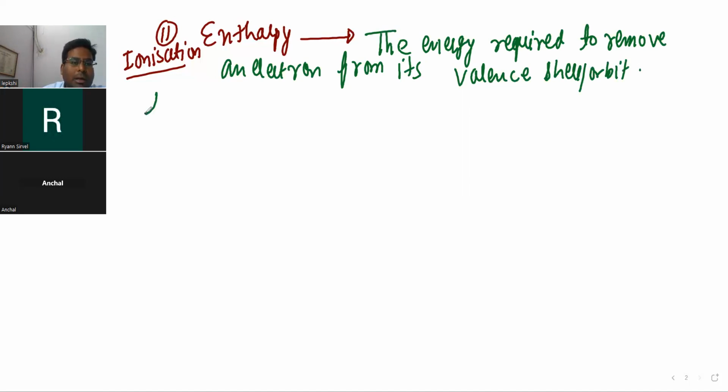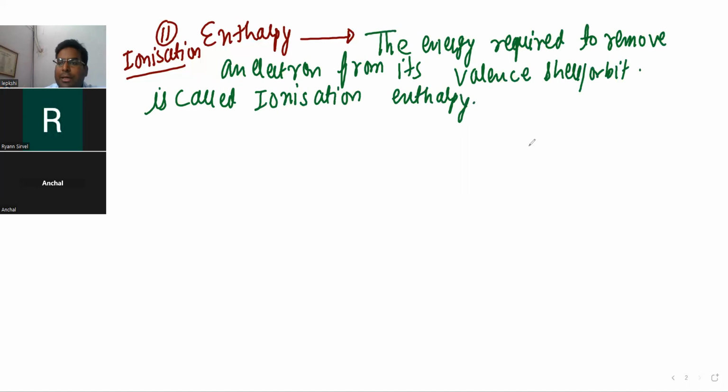That is called ionization enthalpy. So you can see here, as we are moving down the group, their size is increasing, right?